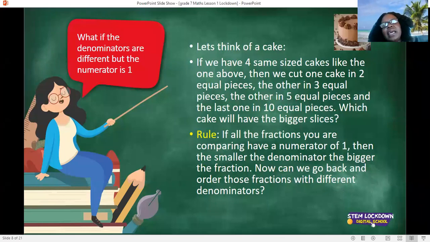Which cake will have the bigger slice? I want you to imagine these same-sized cakes, and there are 4. The first one we cut into 2, the second into 3, the third into 5, and the last into 10. Which cake is going to have bigger pieces?